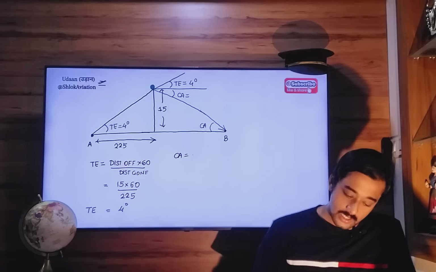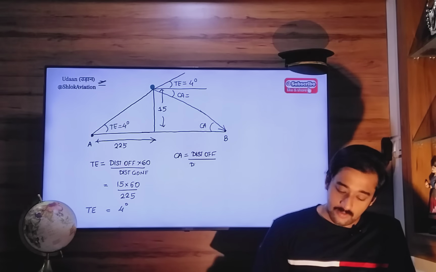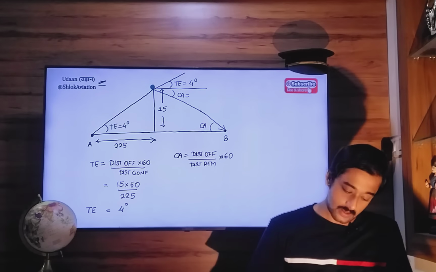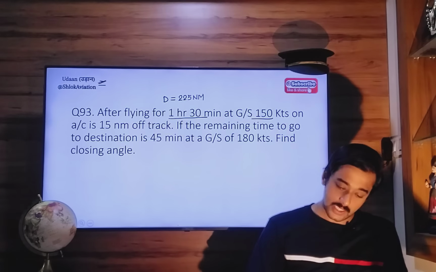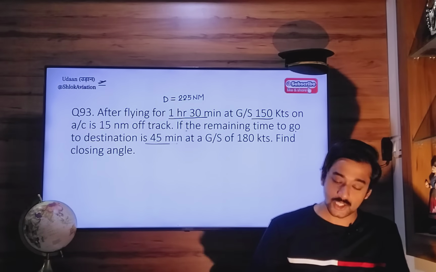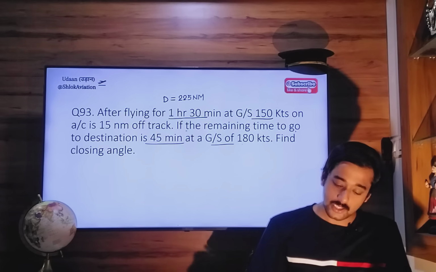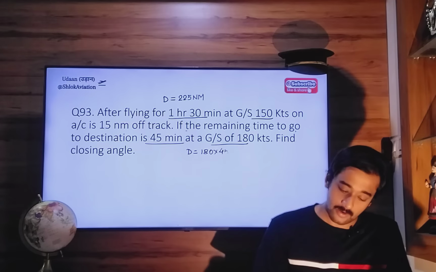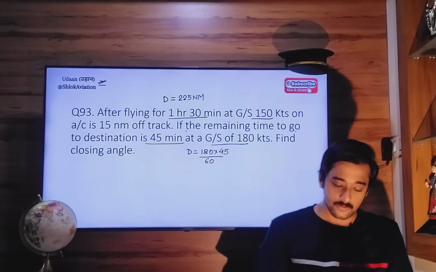Closing angle equals distance off track divided by distance remaining into 60. So what is the remaining distance? If the remaining time to go to destination is 45 minutes at a speed of 180 knots, so distance will be 180 into 45 divided by 60.